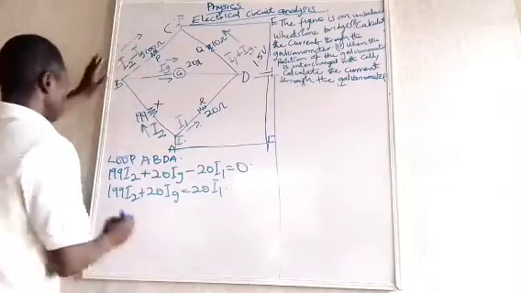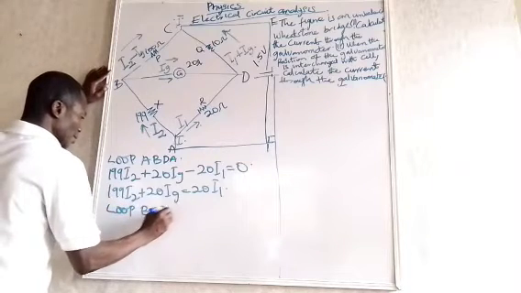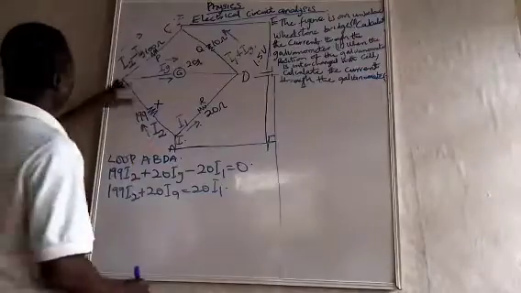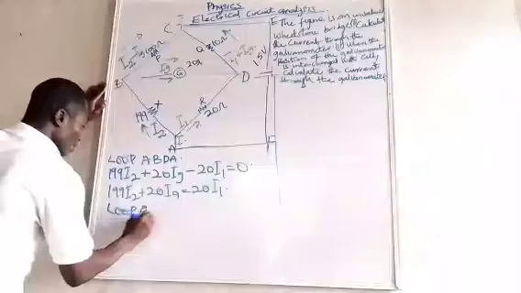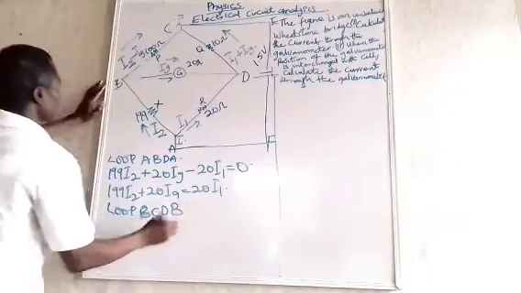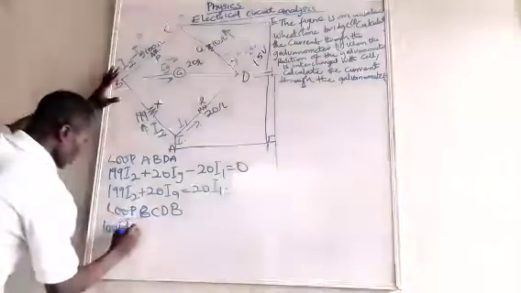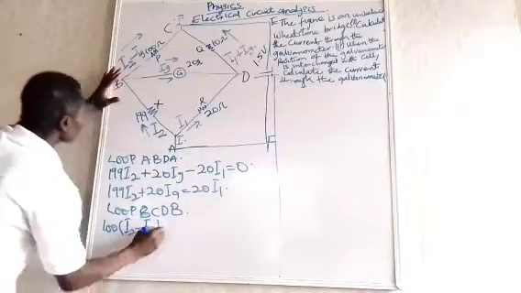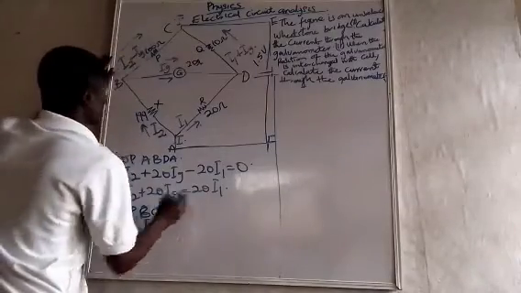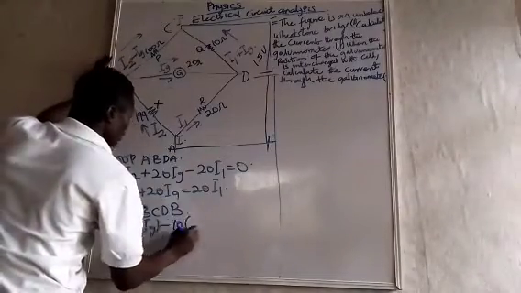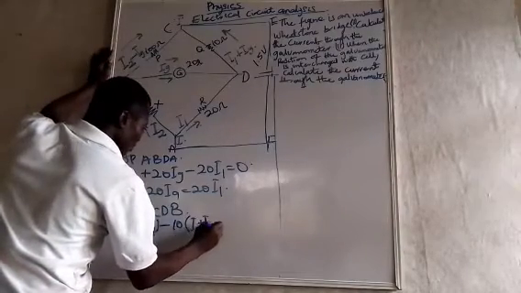Let's look at loop BCDB. I can now say 100 into I2 minus IG, minus 10 into I1 plus IG.